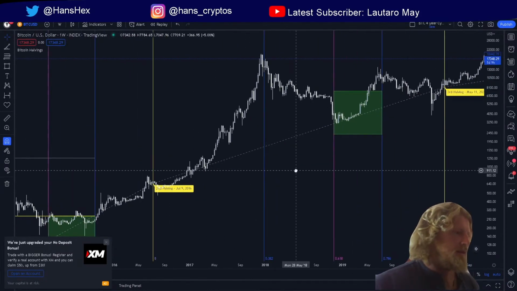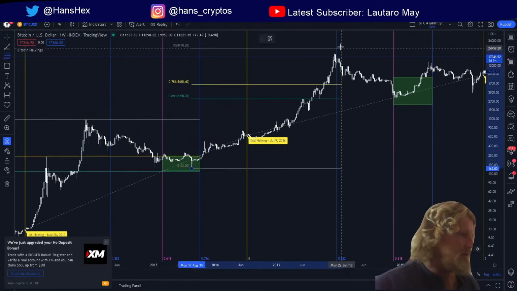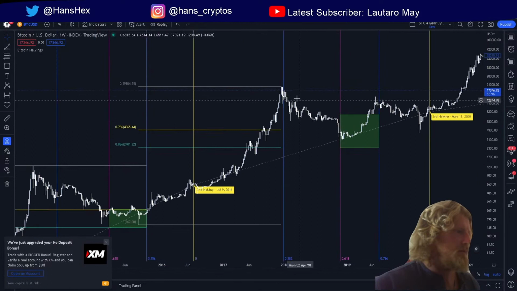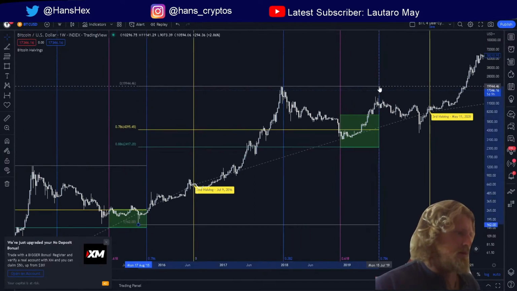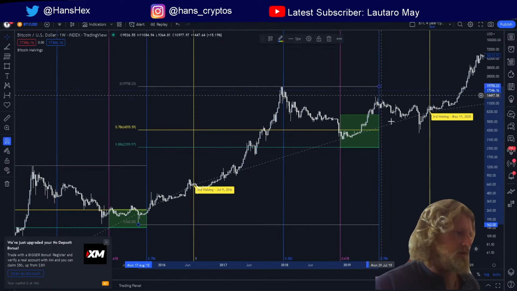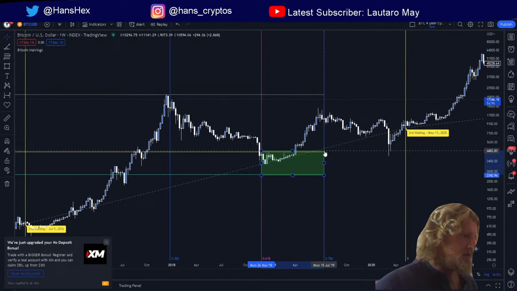And then in the second halvening, we'll do that Fibonacci retracement again from the bottom to the top, pull it across to where the accumulation phase according to time ended, and that's over there. We'll just pull this box down a little bit to the 78.6 level and the 88.6.